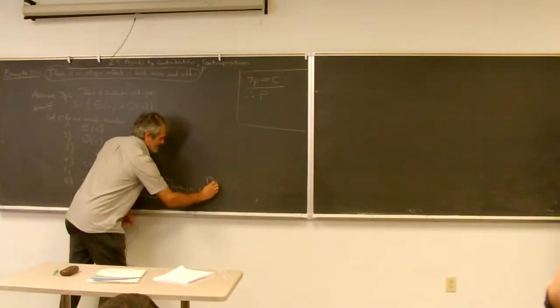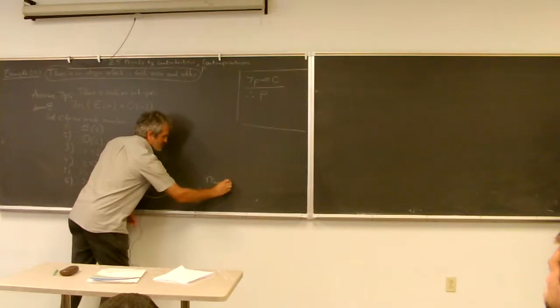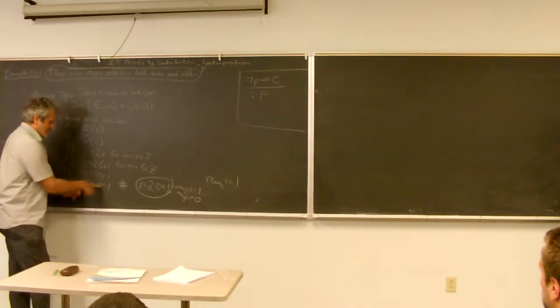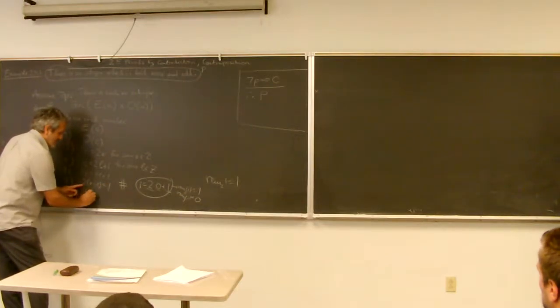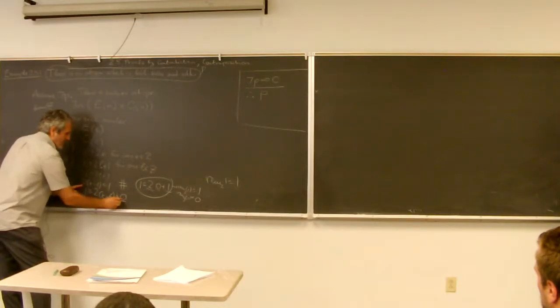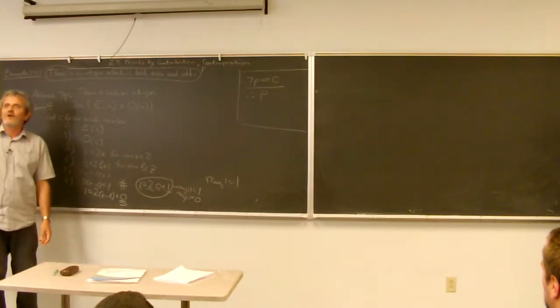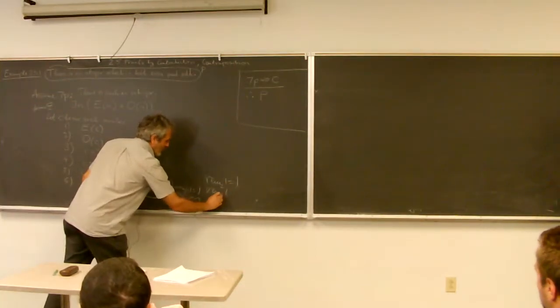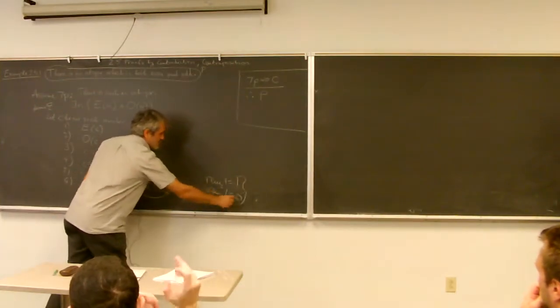A remainder of 1 modulo 2 is 1. But what is this telling you? That this one says 1 equals 2 times K minus L plus 0. So how much is my remainder now? 0. So my remainder of 1 modulo 2 is 0. Here is your contradiction.